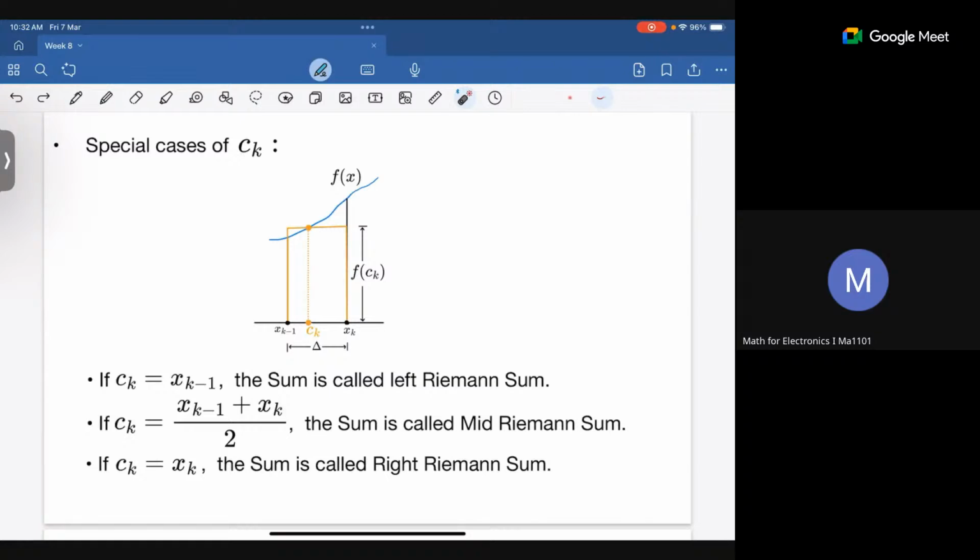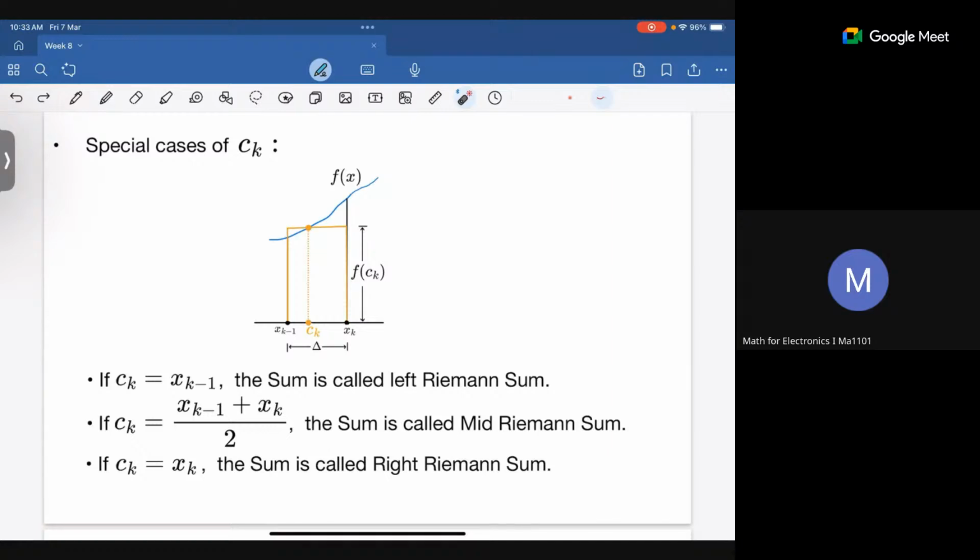The special points are what happens when I choose the leftmost point as my CK, or the rightmost point as CK, which is when CK is taken as xk minus 1, or when CK is taken as xk, and there is one more thing: CK can also be taken as the midpoint of xk minus 1 and xk, right? So these are the three special cases. Anything else is not that special, right?